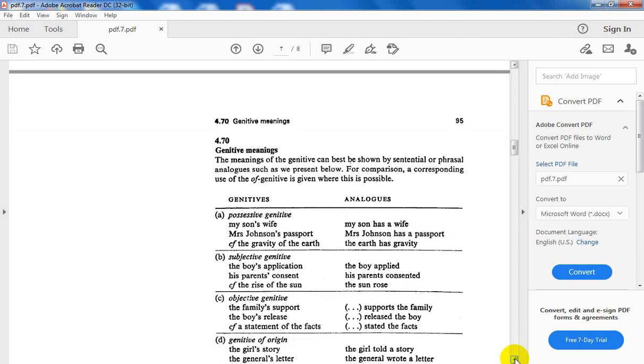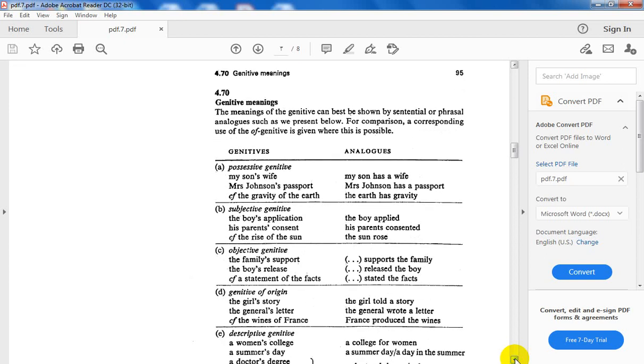By the way, when I say genitive, if you say what apostrophe S is, it is not necessarily, by the way, to be possessive. No, it doesn't mean only possessive. As we have said, as we are going to see, I have 7 meanings for genitive.